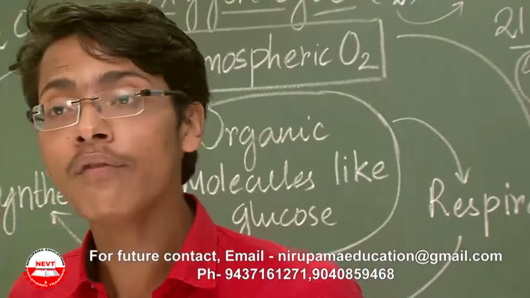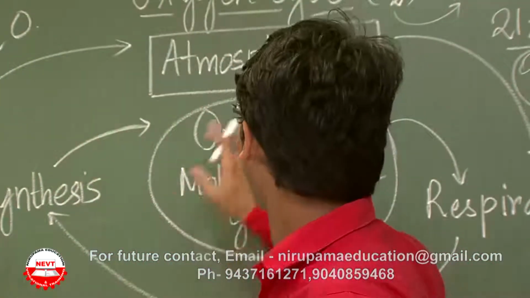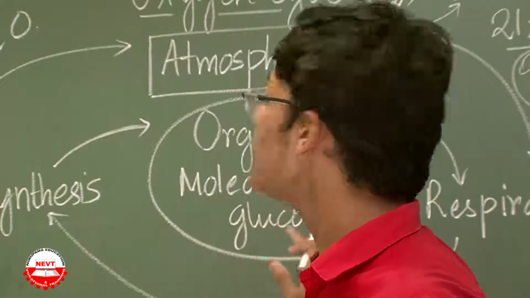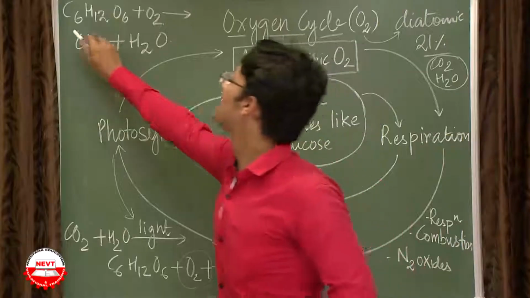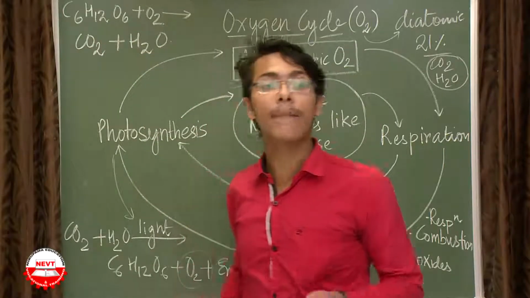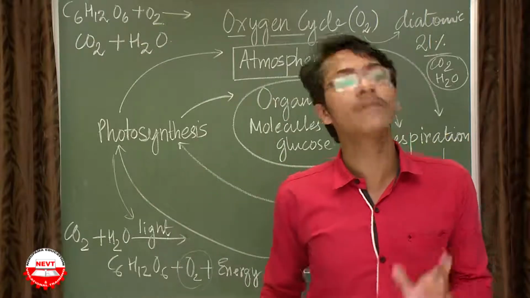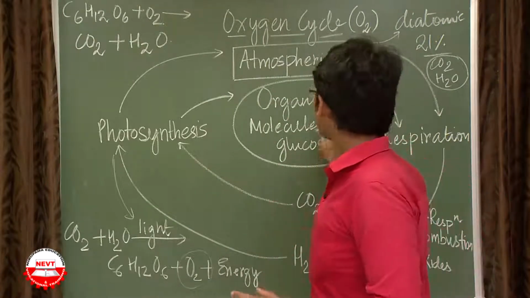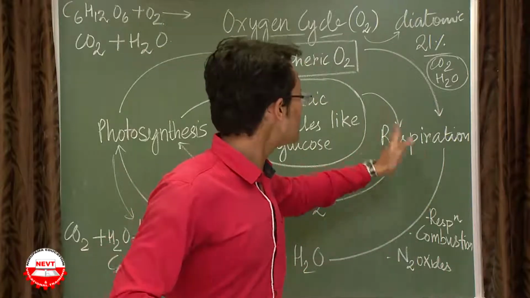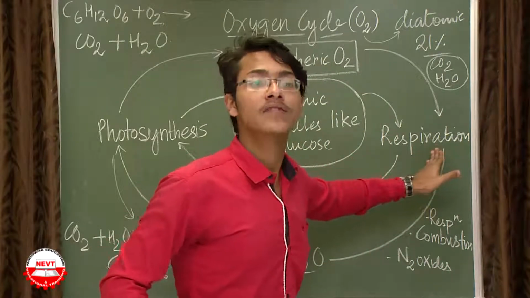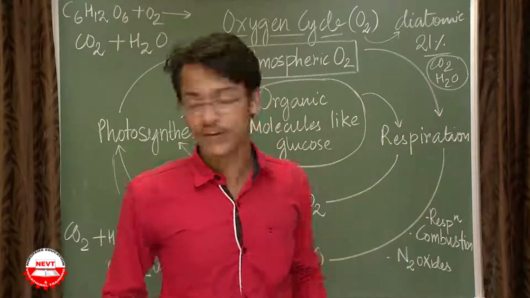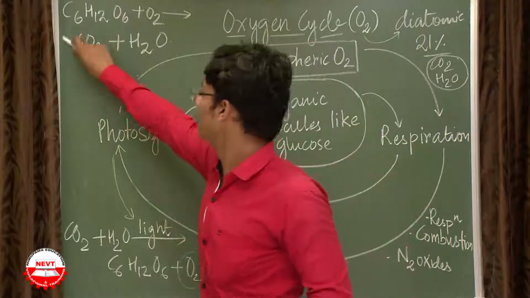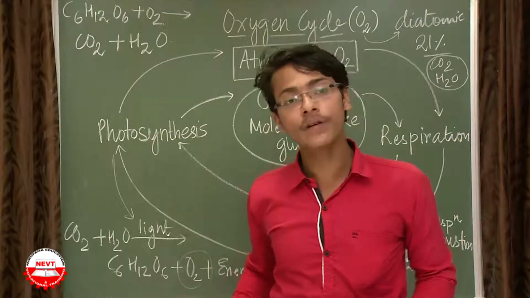What is another way of using atmospheric oxygen? Organic molecules like glucose. What is the chemical formula for glucose? C6H12O6 is the chemical formula for glucose. It is one of the carbohydrates, as we know. So this glucose undergoes breakdown by means of respiration. As I have already mentioned, this is the chemical equation for respiration.